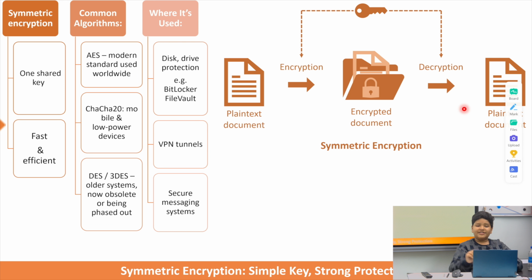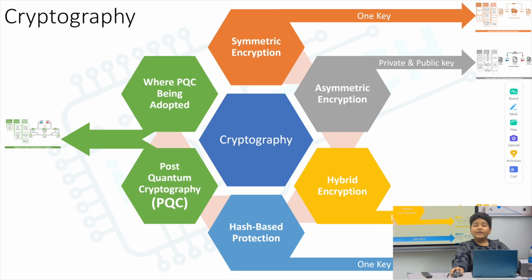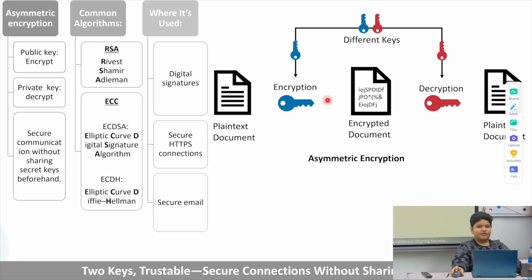So how do we avoid this obligation to share a secret key? For that, we use something called asymmetric encryption. It uses two keys, one which is private, one which is public. The public one encrypts, the private one decrypts. It's like anybody can lock, but only you can unlock because you have the private key.